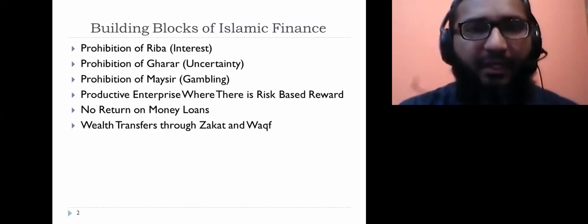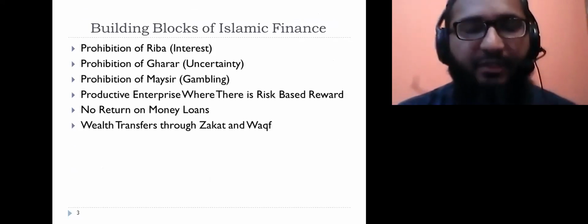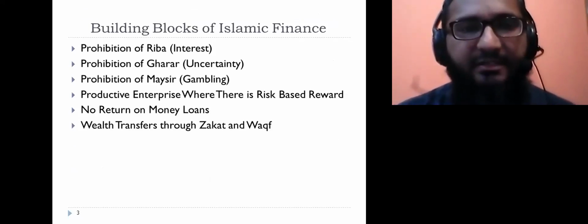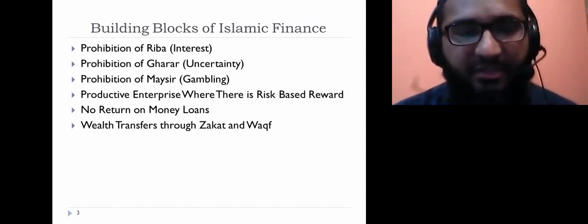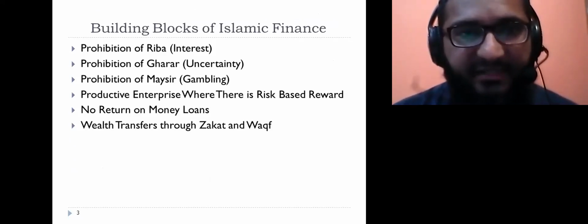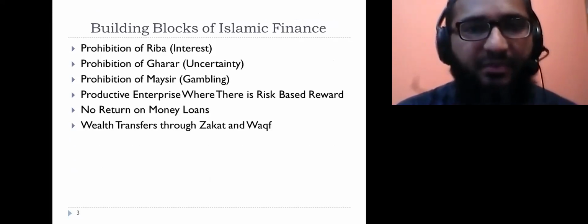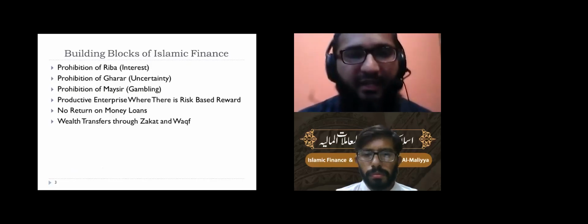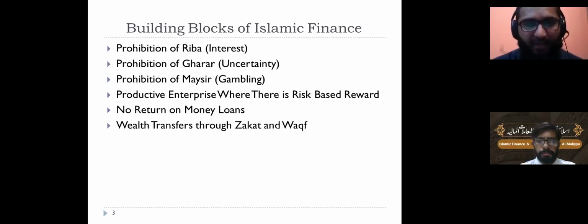Now, if we come to more specific points which pertain to Islamic finance, there is a set of principles which prohibit certain elements like riba, gharar, and maisir. Then there are principles which emphasize that if we want to engage in a productive enterprise and earn some resources for ourselves through market exchange, then the reward has to be risk based.